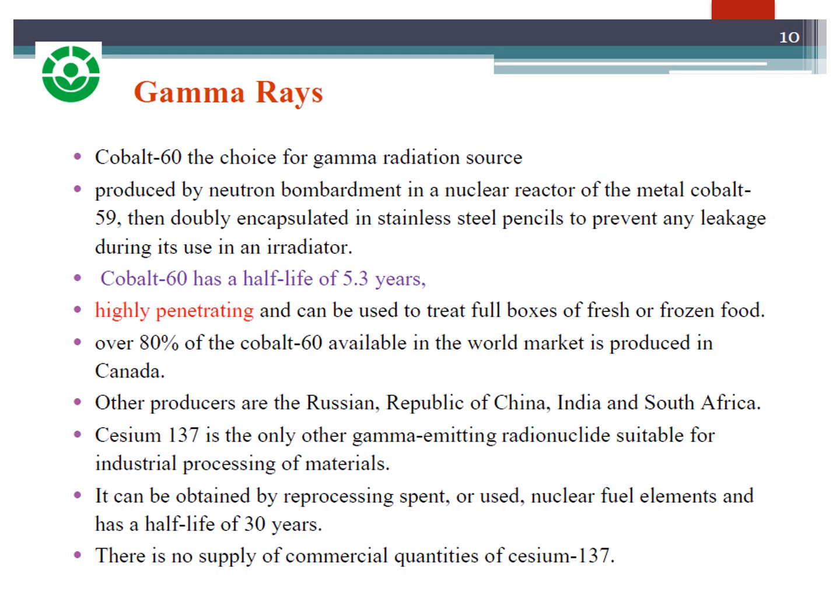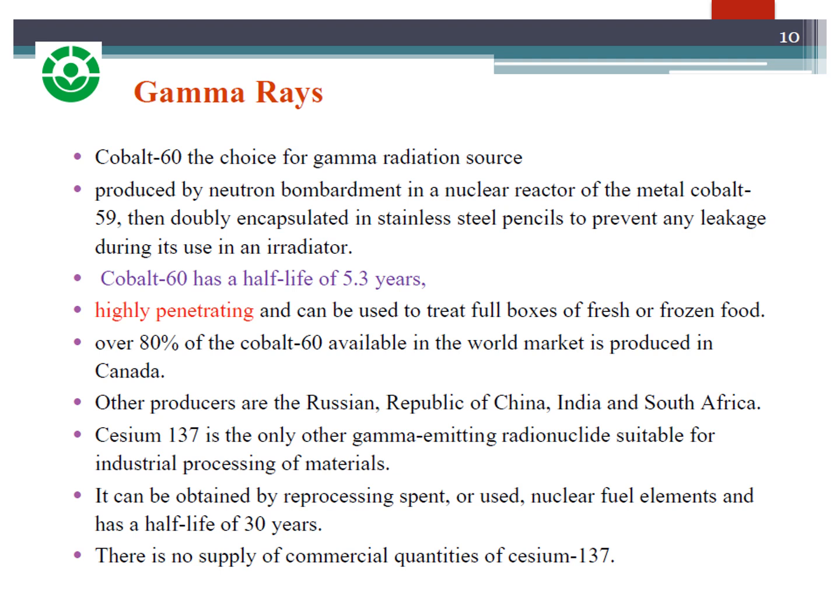Let me discuss some points about gamma rays. Already we know that cobalt 60 and cesium 137 are the main sources of gamma radiation. Cobalt 60, the choice for gamma radiation source, is produced by neutron bombardment in a nuclear reactor of the metal cobalt 59, then doubly encapsulated in stainless steel pencils to prevent any leakage during its use in an irradiator.